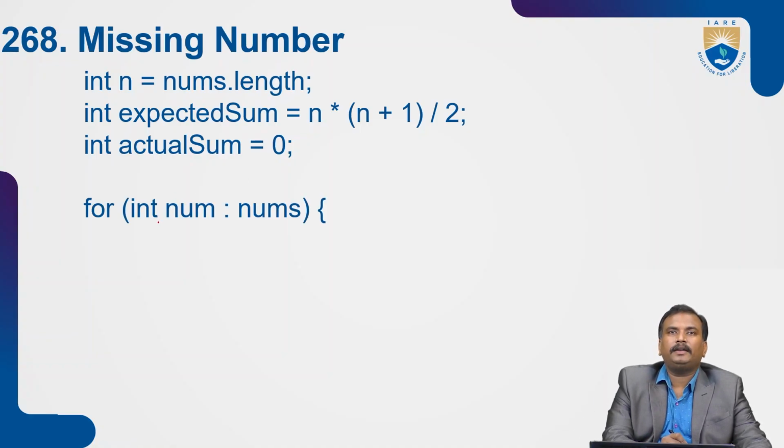And for int number in nums, this is the syntax for each number, for int number, because here we are declaring num as an integer in nums. For each number in the nums array, what do we need to do? We need to calculate the actual sum.